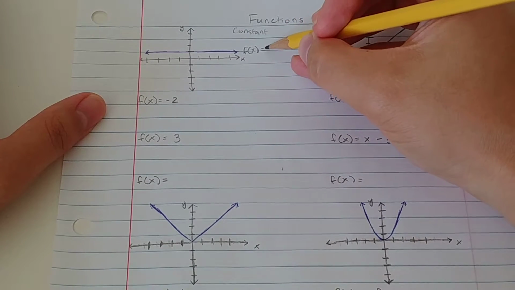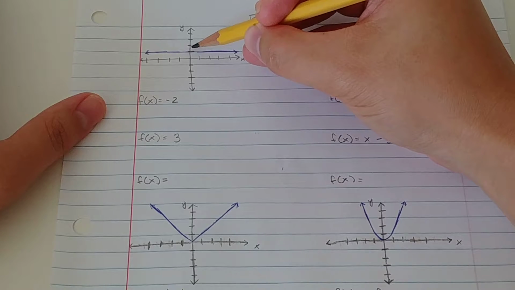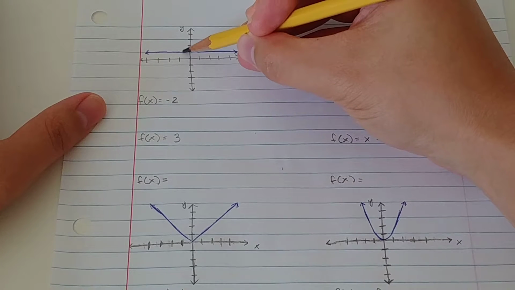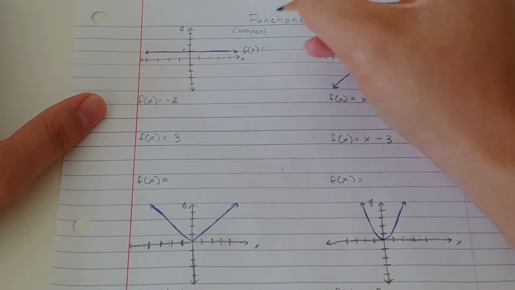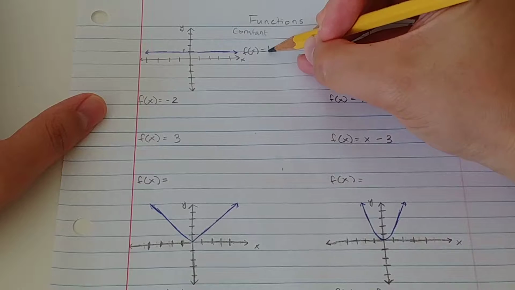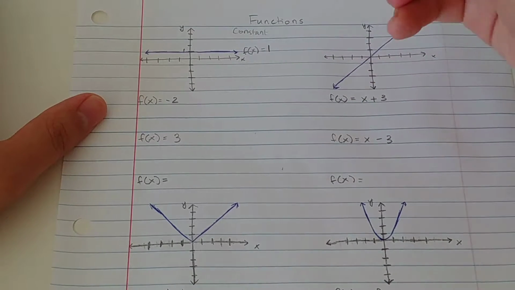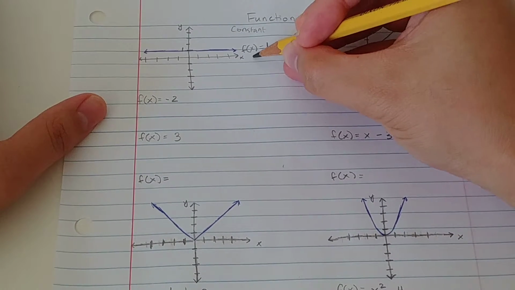So what number are we going to put? Notice that it's on the 1 of the y-axis, all the way up here. So that means it's going to be f of x equals 1. Now another way of writing this is y equals 1.